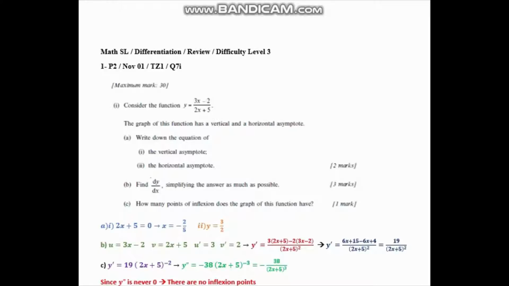So in question A, we are given the function y equals (3x minus 2) over (2x plus 5), and we are required to write down the equation of the vertical asymptote and then the horizontal asymptote. The vertical asymptote has to do with the values of x that are not allowed in this equation.